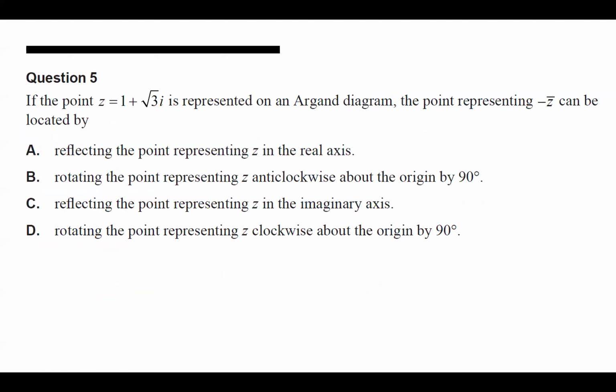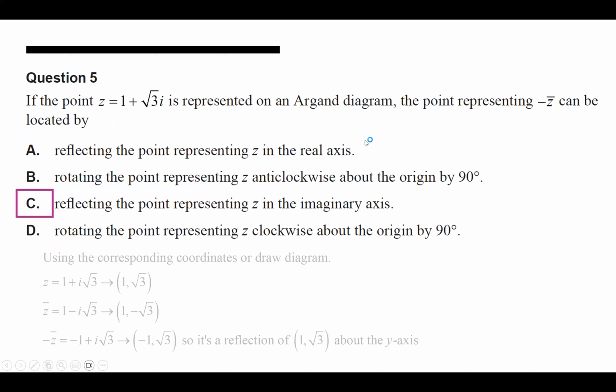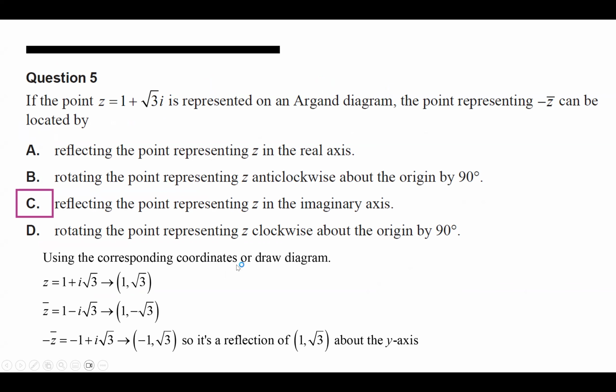Question 5 is a complex number question. It says the point z equals 1 plus root 3 i. Then we want to find minus z bar, minus z conjugate. What I'm doing here is I'll use the corresponding coordinates, or you can draw a diagram. For example, the point corresponding to z is (1, root 3).